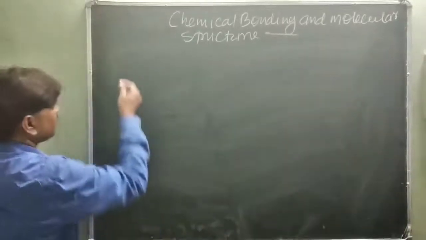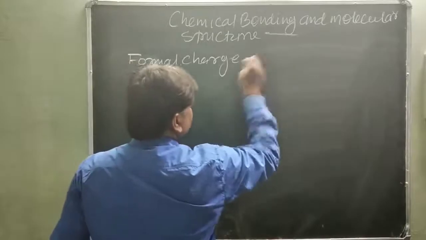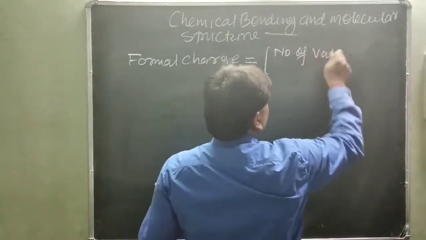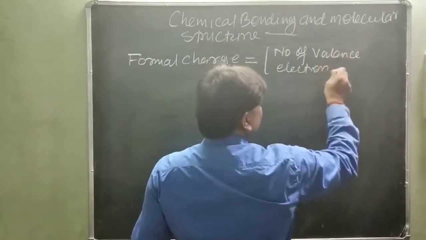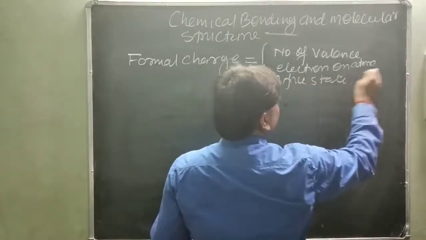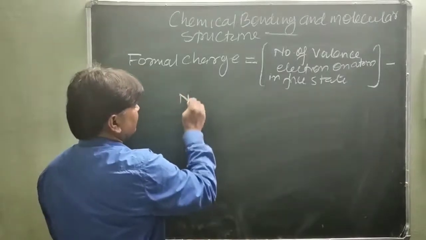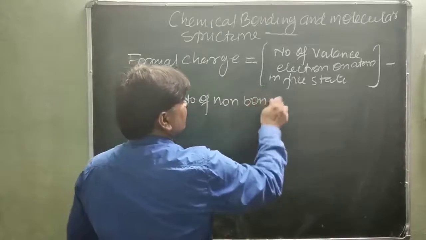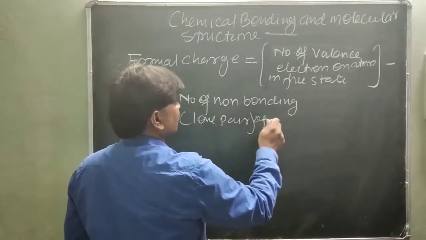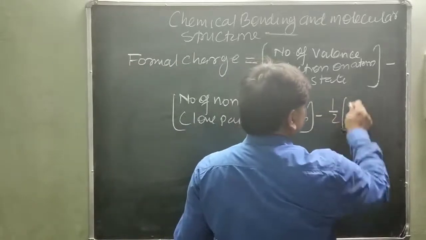Formal charge on an atom is equal to the number of valence electrons on the atom in the free state, minus the number of non-bonding electrons, or the lone pair of electrons, minus half into the number of bonding electrons.